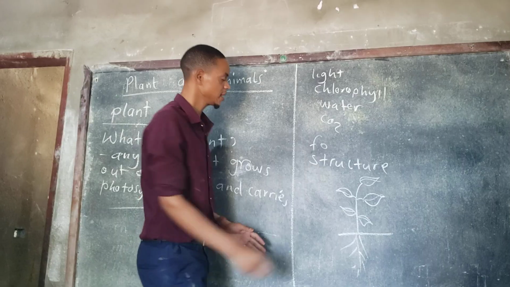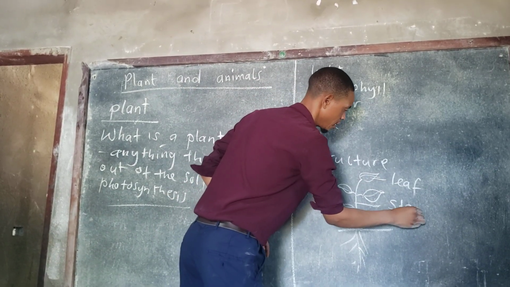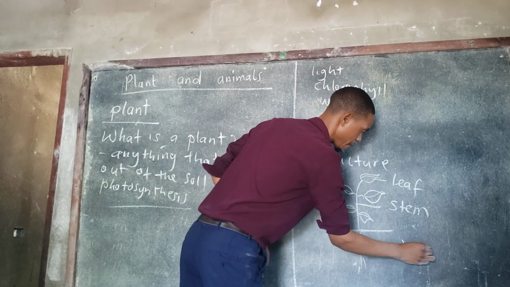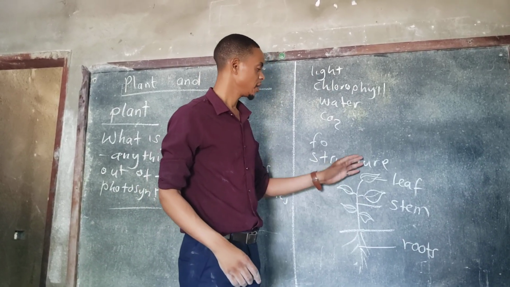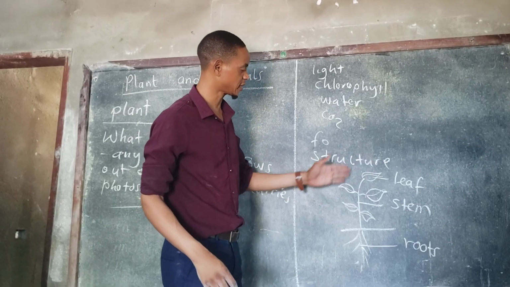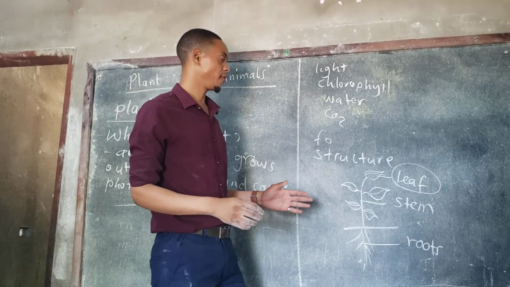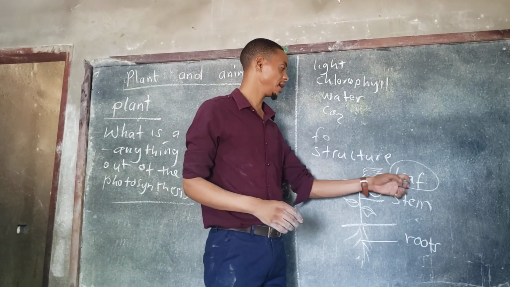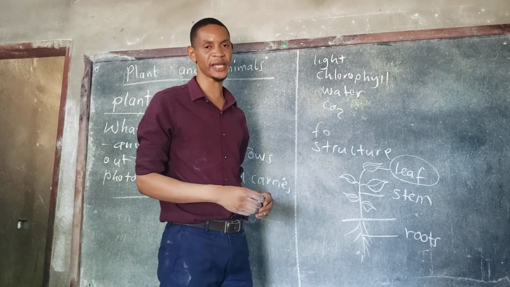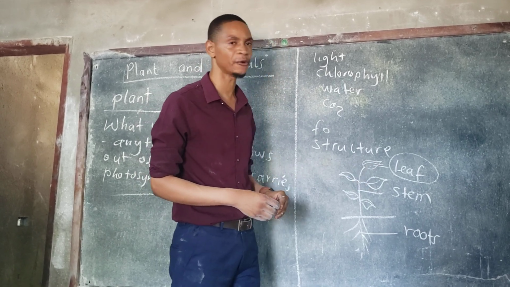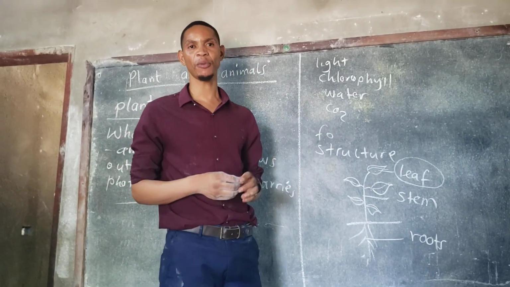And these parts are, one, the leaf. Then we have the stem. I have roots. If I was to go into details, we have branches, all that. But I am interested in the leaf, because that is what I want to explain. Leaves are made up of cells, just as human beings are also made up of cells.